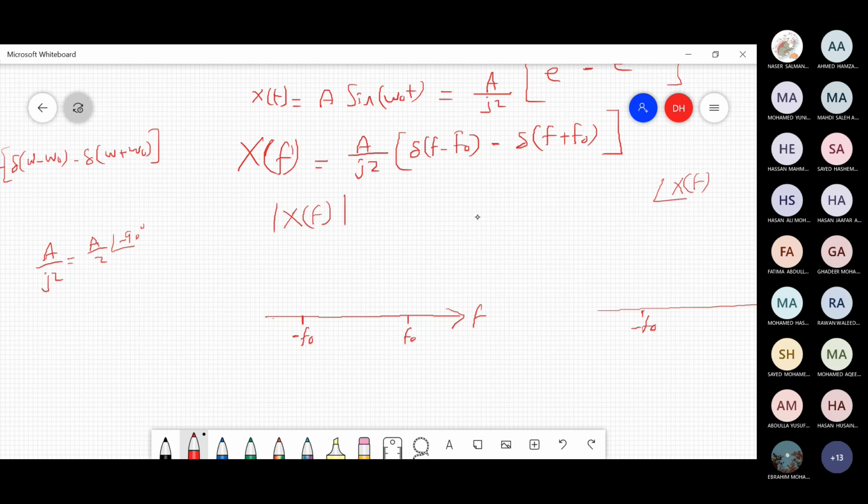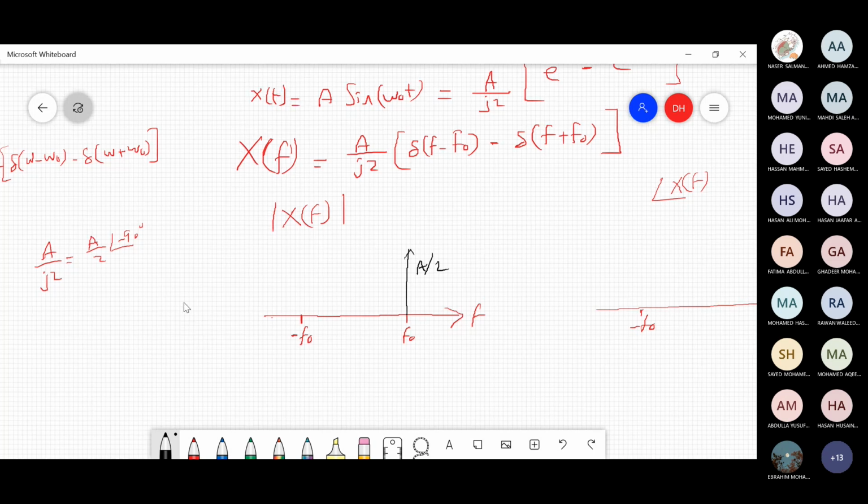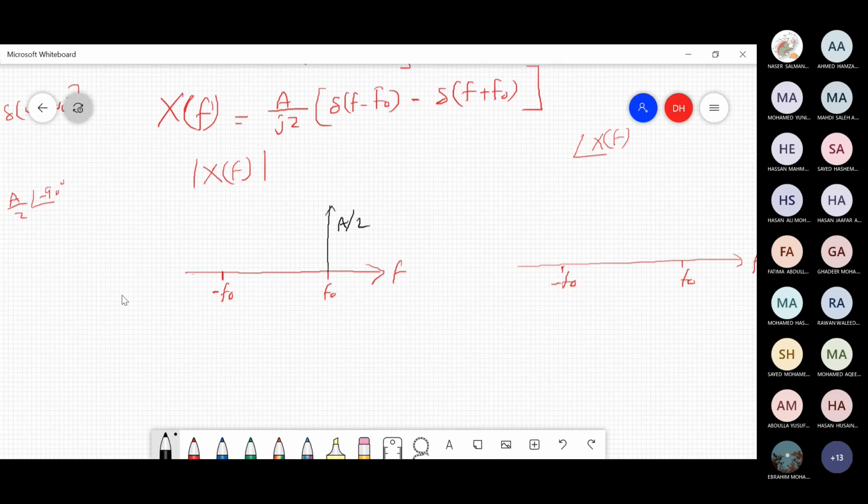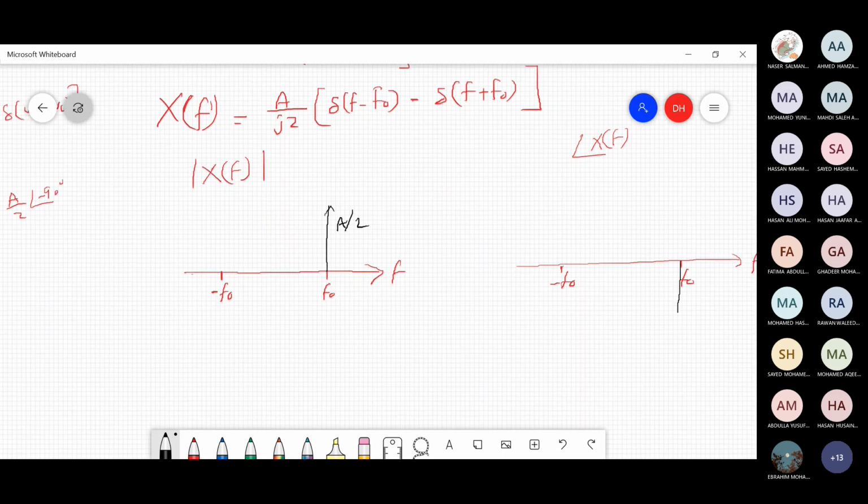So the magnitude equals A over 2, and the angle equals minus 90.